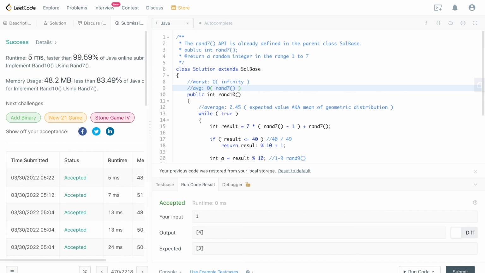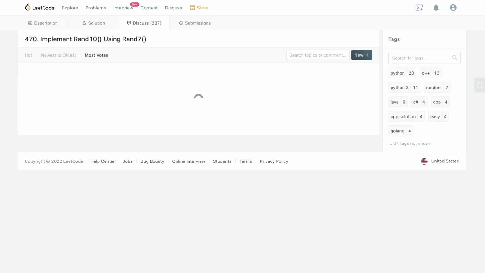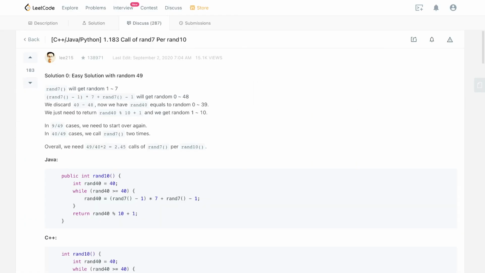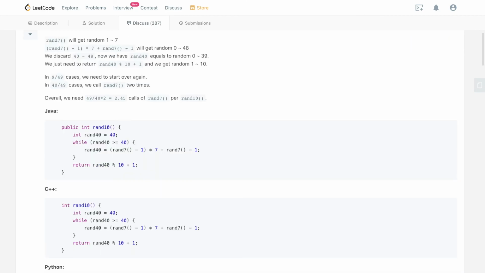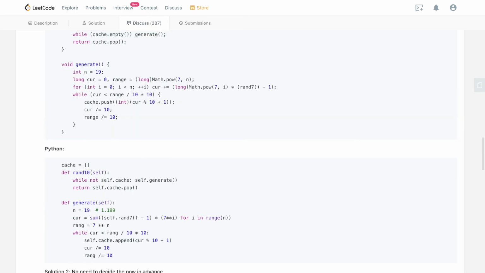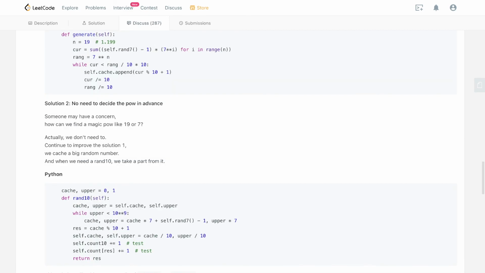But anyway, the one last thing I wanted to mention, and this is just a disclaimer: some guy in the discussion section came up with a way to get an average of about 1.183 calls to Rand7. I'm not going to lie, the math is magic to me, and it's beyond my mathematical capabilities at the moment.